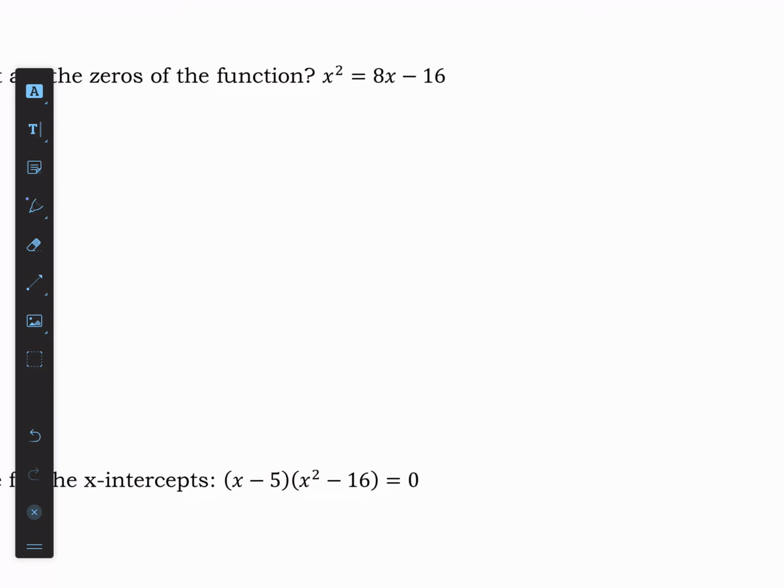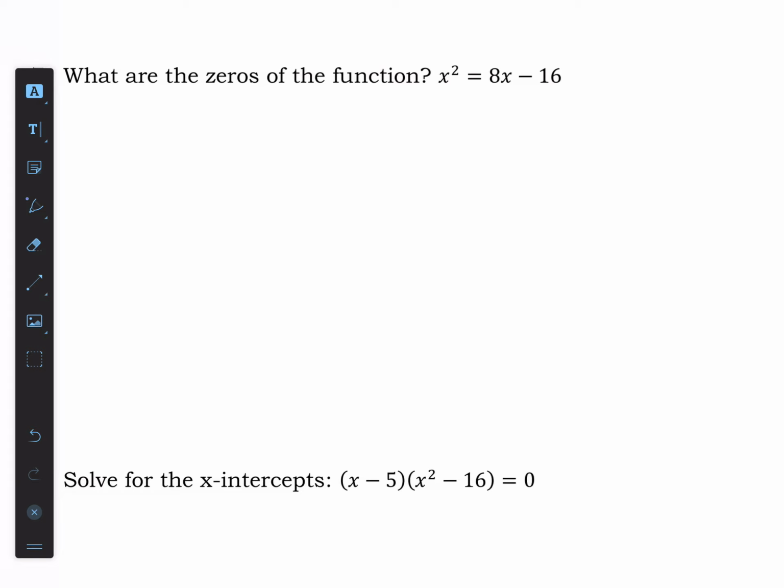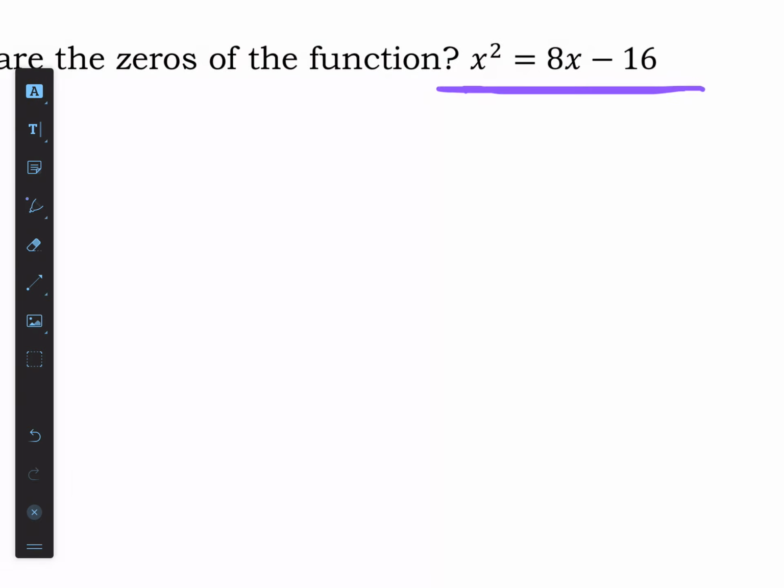So for this question right here, this is question number 7. It's asking, what are the zeros of the function x squared equals 8x minus 16? Okay, so this is still the same thing that we were just going over. It looks slightly different in this problem because it's not equal to 0. So right now, this is what they gave us.